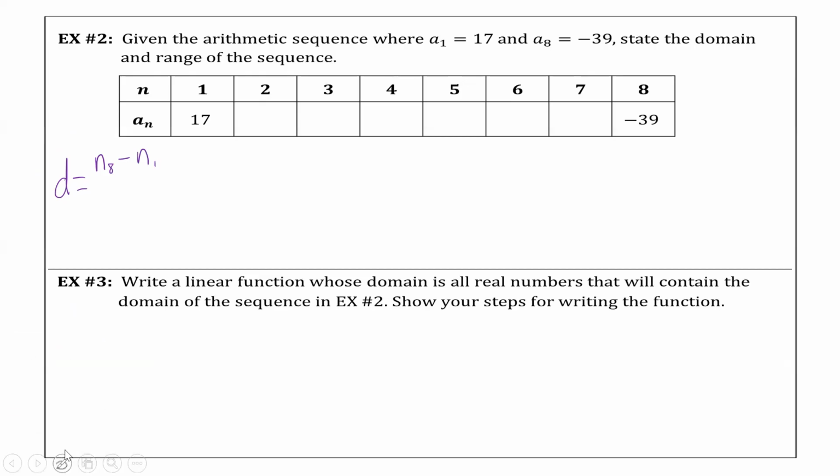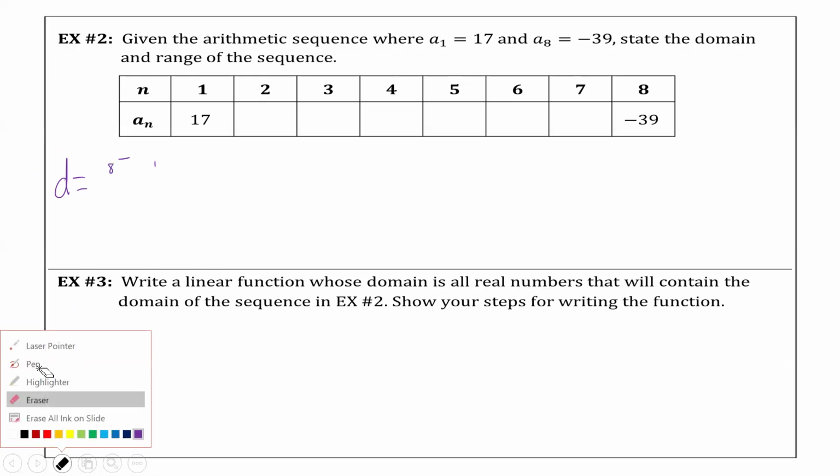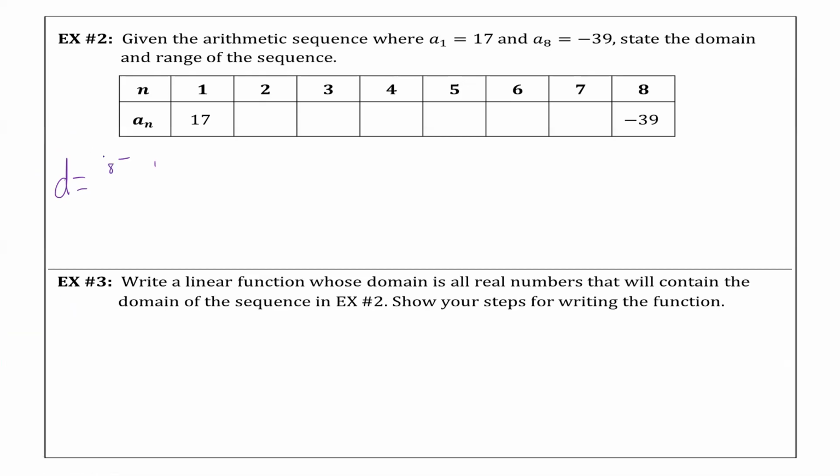Sorry, I don't know why I wrote N. It's supposed to be an A, and no one's stopping me. Y'all are just letting me make a fool of myself. A over, and then the N's are in the bottom. So our N in this case would be 8 minus 1.